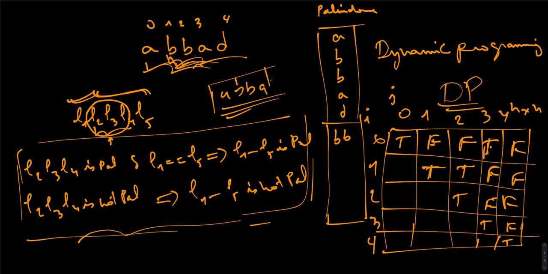So we found our longest substring. Perfect. So let's talk time and space complexity. The time complexity would be O of n squared, because we're constructing our DP array, so n squared, and the space complexity would be O of n squared too.